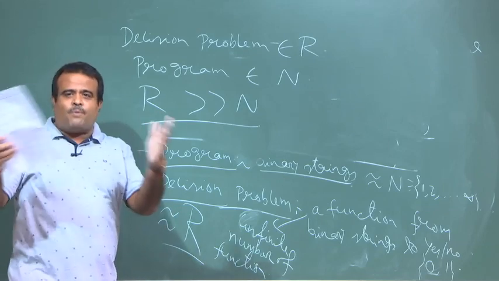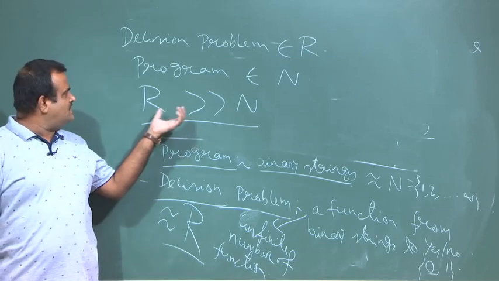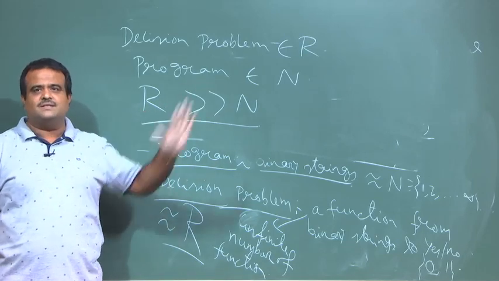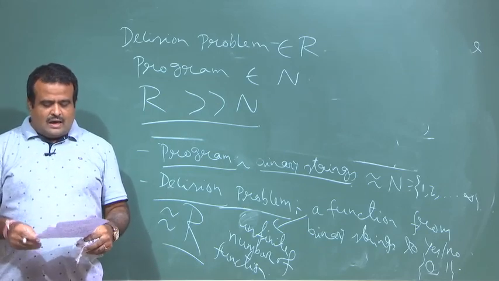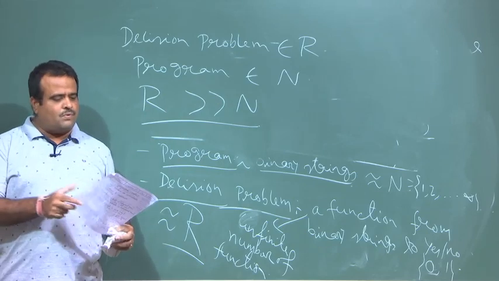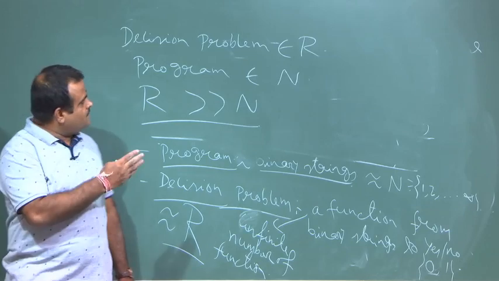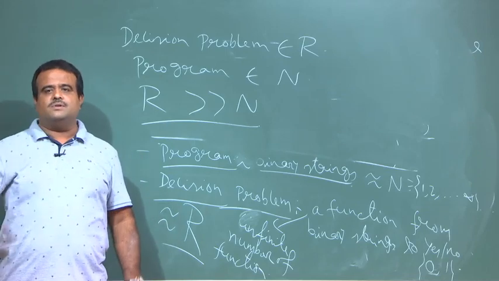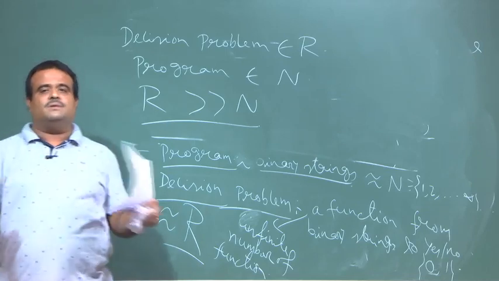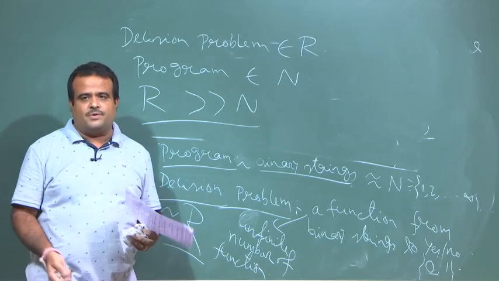So there are many problems which are unsolvable, because this set is much bigger than that set. This is sort of the proof, telling us the decision problems are uncountable. This is the bad news: there are many problems which cannot be solved by a computer program.